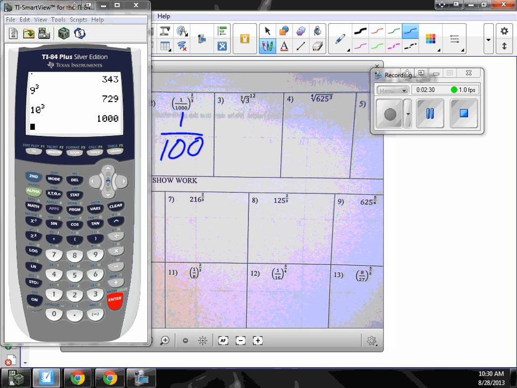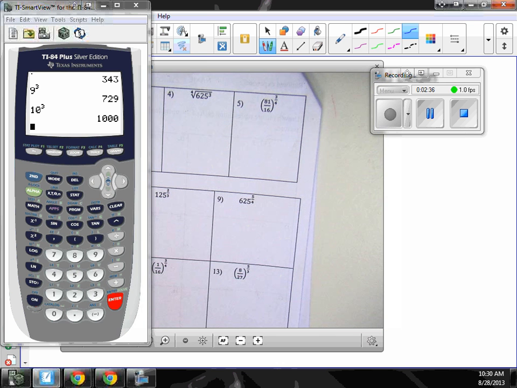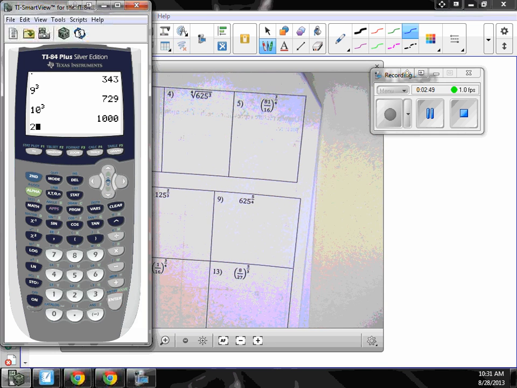Okay, we're going to skip the next 2 for a second. Look at number 5. In number 5, we're going to treat the top and the bottom separately. So let's consider 81. Can 81 be broken into 4 equal multiplications? Well, let's try it. 2 to the 3rd is 8.